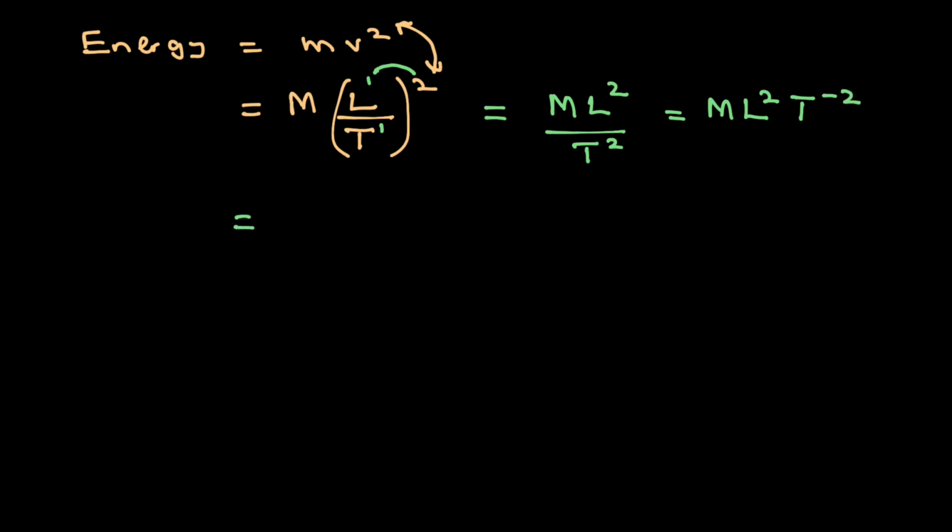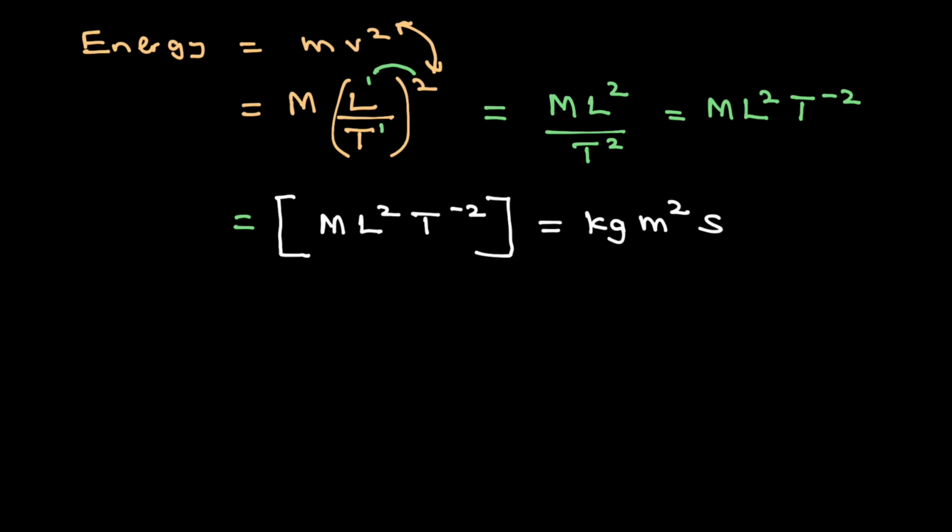So for dimension, open the square bracket, m L squared T to power minus 2, close bracket. And the unit will be kilogram for mass, meters squared for length, and per second squared for time. Or you might write it as kilogram meter squared over second squared.